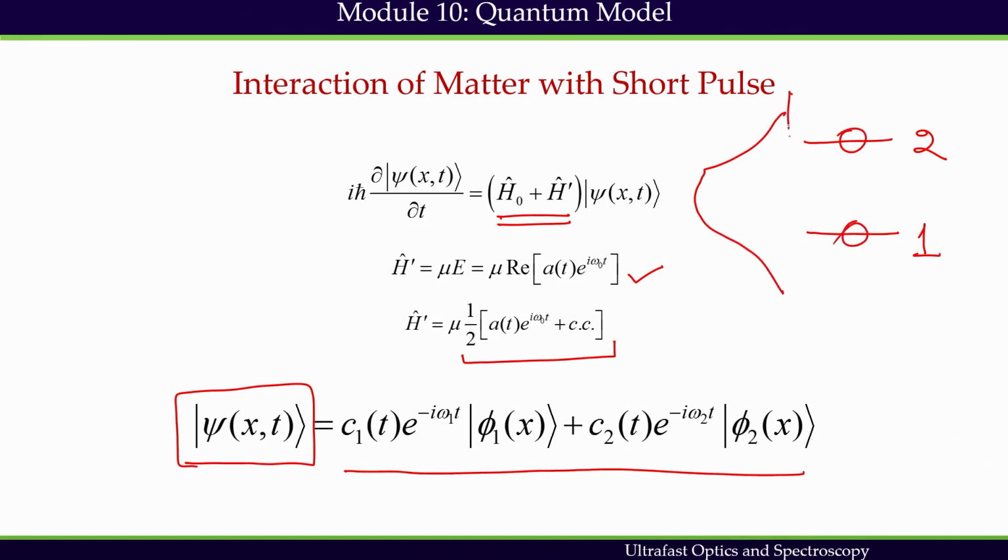This is the bandwidth of the pulse, and that is why it is exciting both states simultaneously. If we are exciting both states simultaneously, then we can say that there is a coefficient for this expansion that is time dependent, and this is the phase factor for the corresponding state. We are calling these phi 1 and phi 2, and that is the way we get a superposition state.